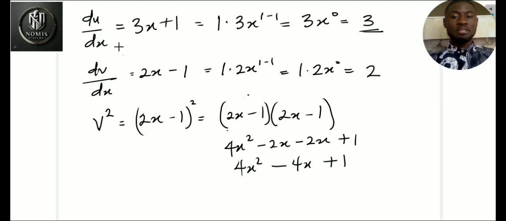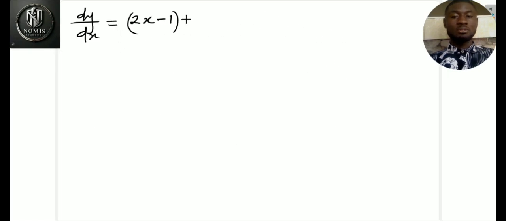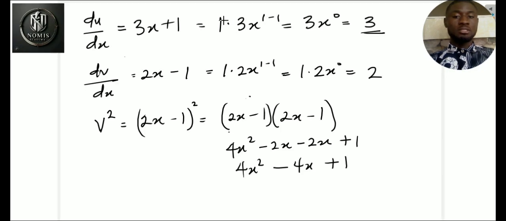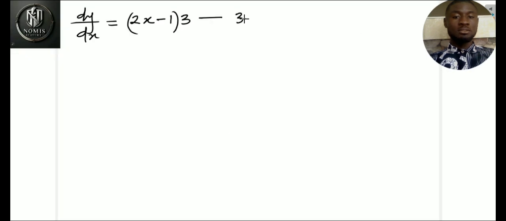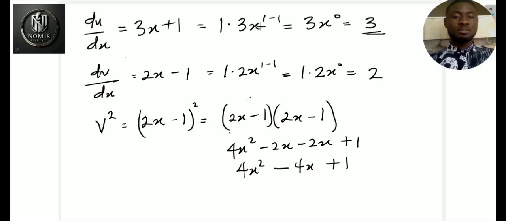What's our du/dx? We got 3. So it will be multiplied by 3. Then the formula says minus u, and our u is 3x plus 1, to be multiplied by dv/dx. Remember we solved dv/dx and we got 2.